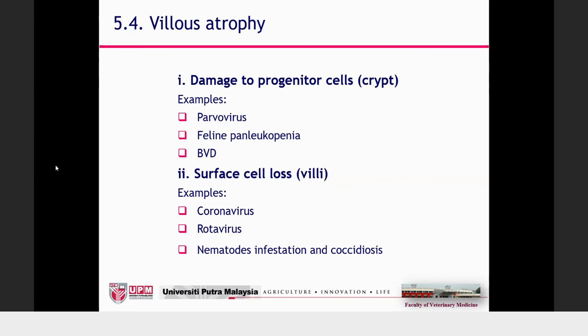You remember the epithelial lining of villi, we have villus projection. At the same time, we have a crypt of Lieberkuhn. I mentioned earlier, the crypt of Lieberkuhn is a factory. It's where the cells undergo mitosis.